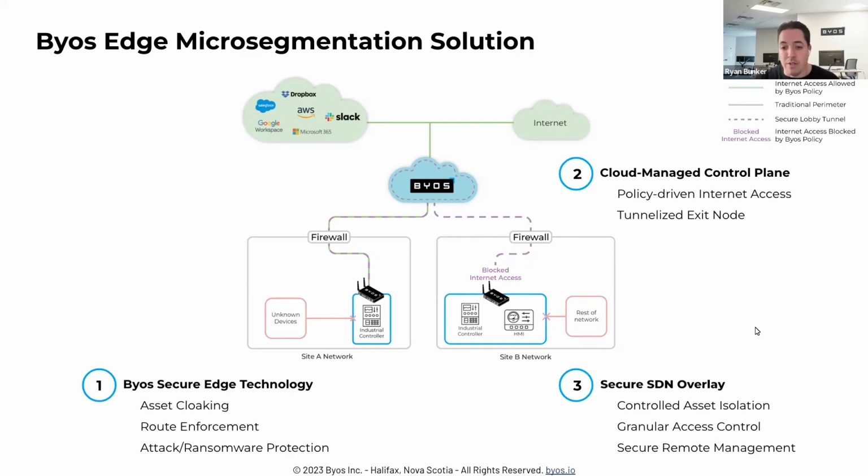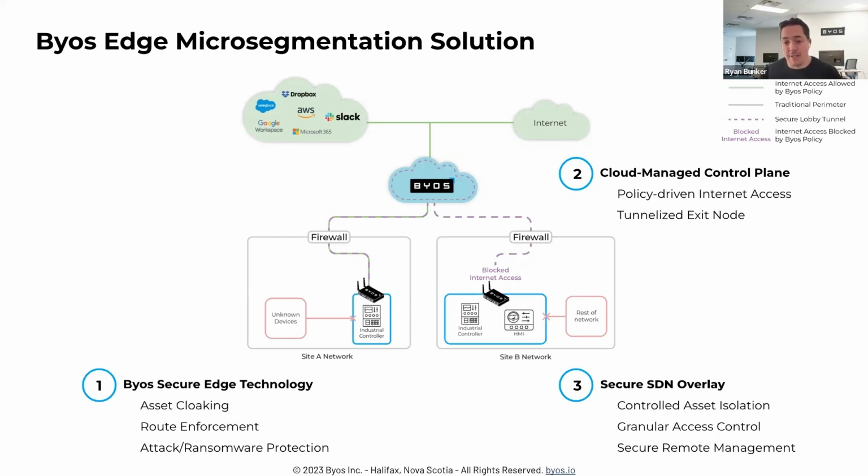And the third component of our solution is a secure software-defined network overlay that connects all edges together. This overlay is both isolated from the underlying local network as well as from the internet. And so what that gives you is the ability to say, this port and service resource on this asset in this site can talk to this other asset in this other site in this other zone, granularly only on this port and at this time.